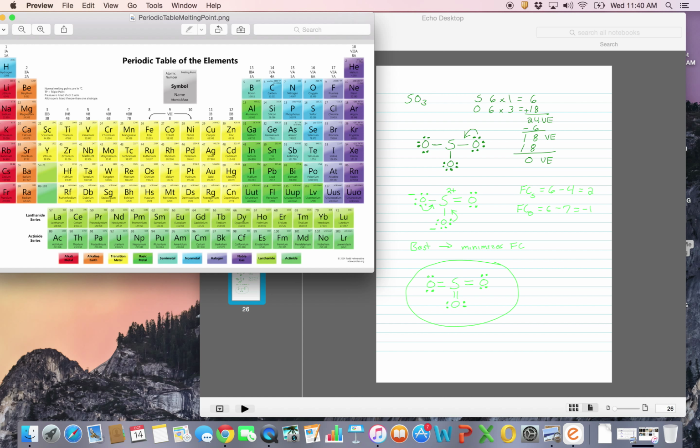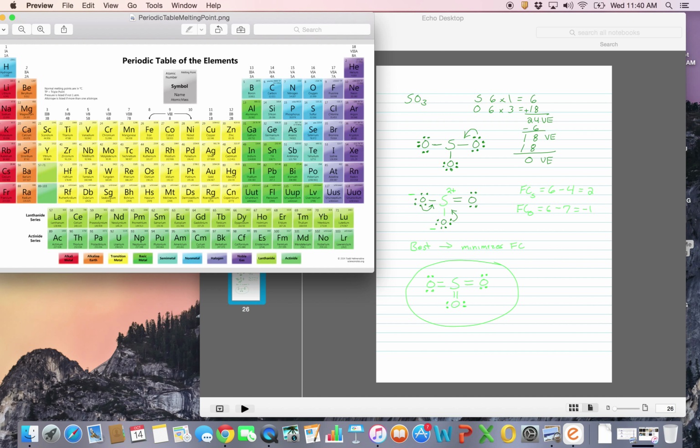So let's take it from this particular oxygen. Now we have sulfur double bonded to this particular oxygen, single bonded to the other 2, as such. And now we have octet fulfilled on sulfur.